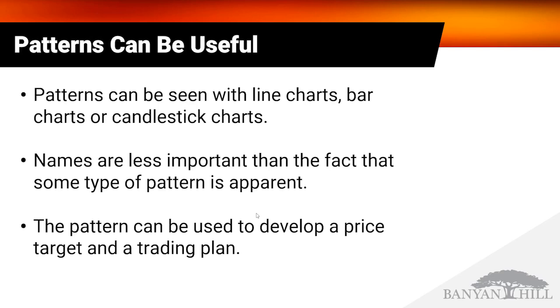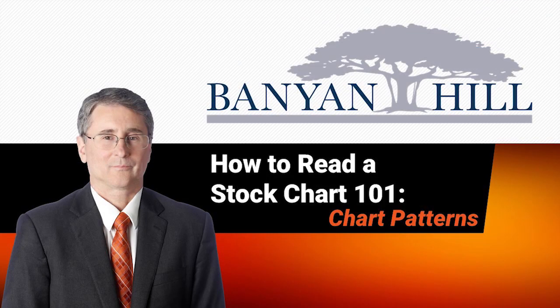Names are less important than the fact that once you see a pattern area, you can project a price target, and you can develop a trading plan assuming that if prices move halfway through the pattern area, the trade is wrong. The signal is negated, and you have your stop loss and your profit target.